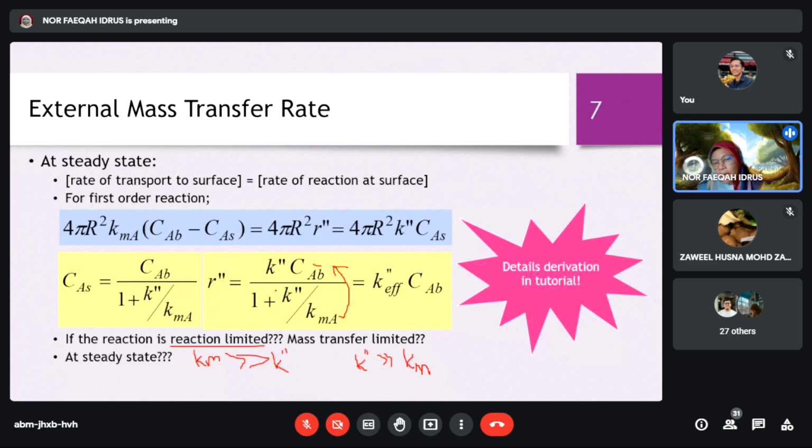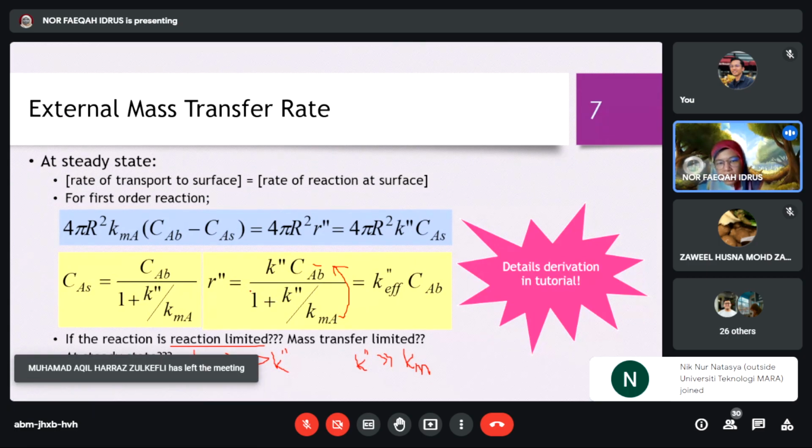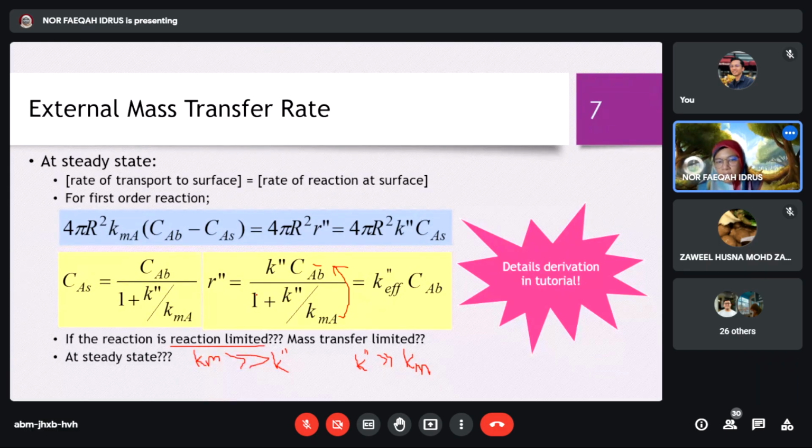So this K is much larger. So the Km term, it should become Km here, Km plus K. So this Km term that appears here will be negligible. And then at the top there is also Km.